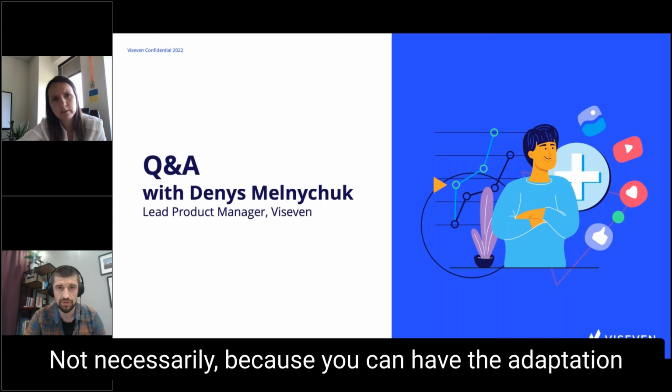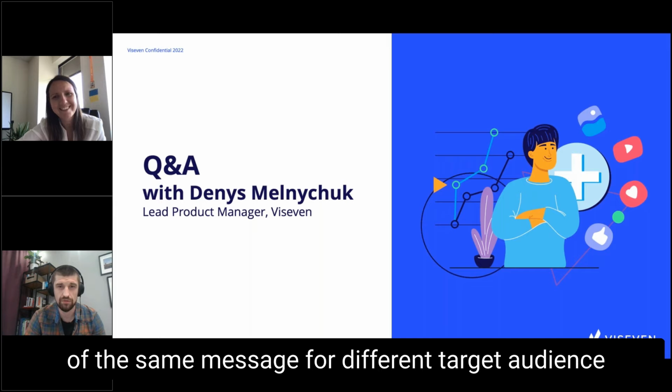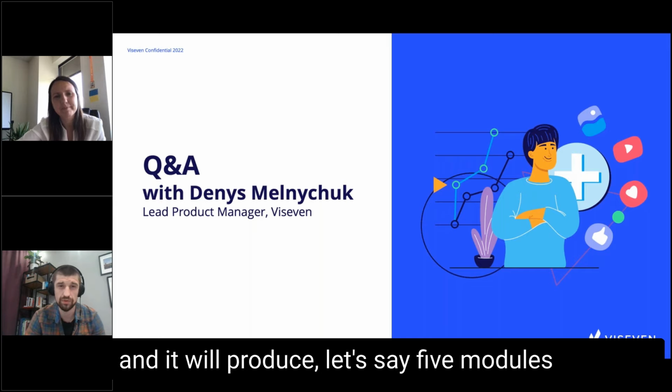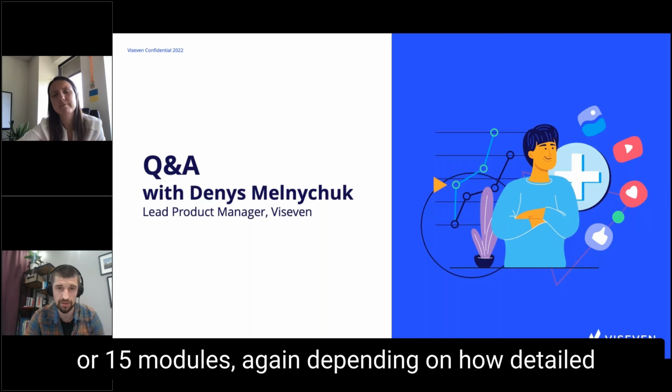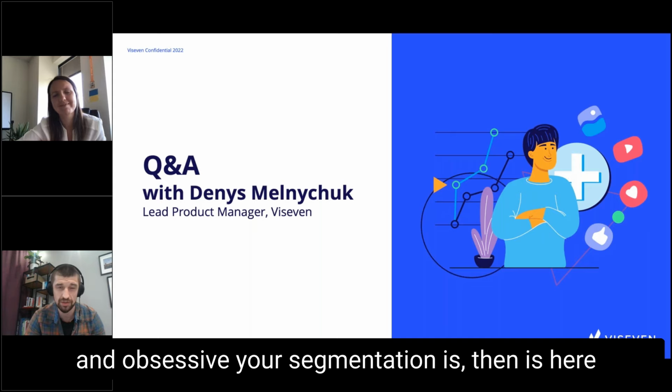Not necessarily, because you can have the adaptation of the same message for different target audiences, and it will produce, let's say, 5 modules or 15 modules, depending on how detailed and obsessive your segmentation is.